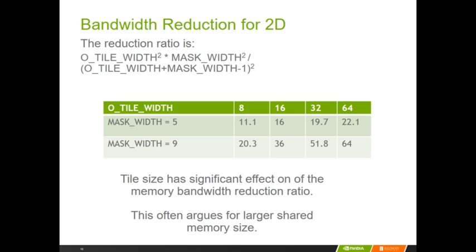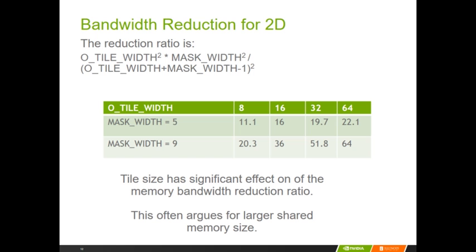And for the mask width of 9, the ideal reduction ratio should be 81. But for output tile width of 64, this is actually 64 times 64 elements in the output tile. We only will have 64 ratio, which is not quite close to 81 yet.